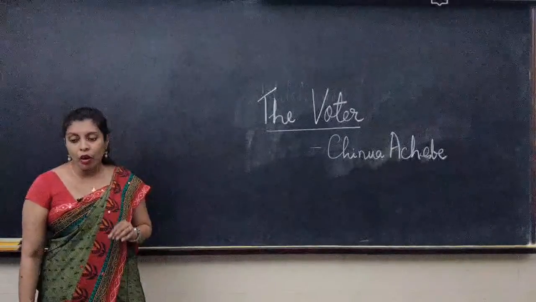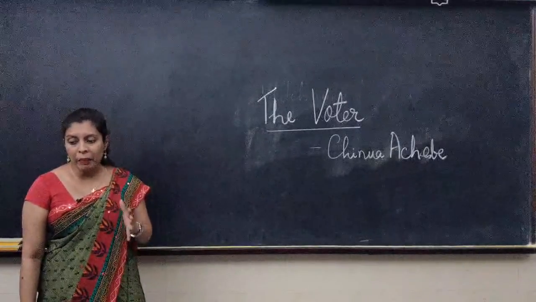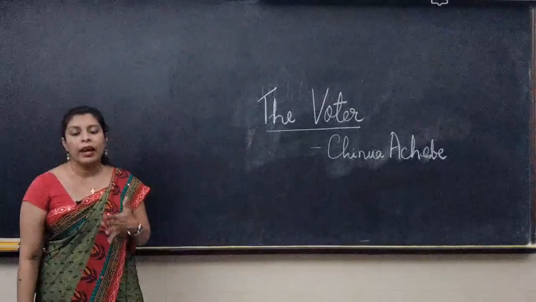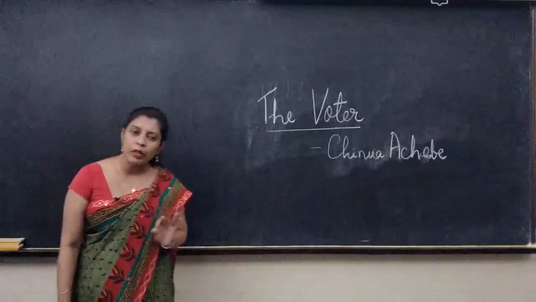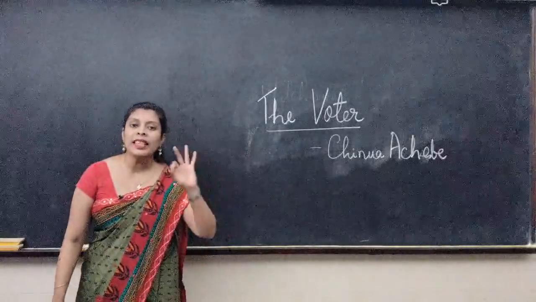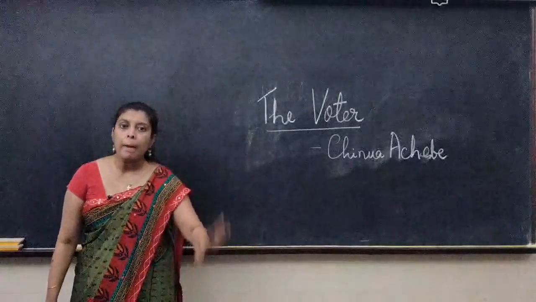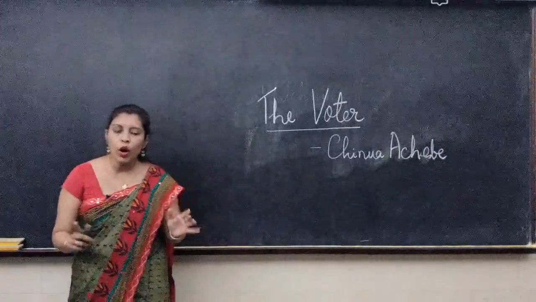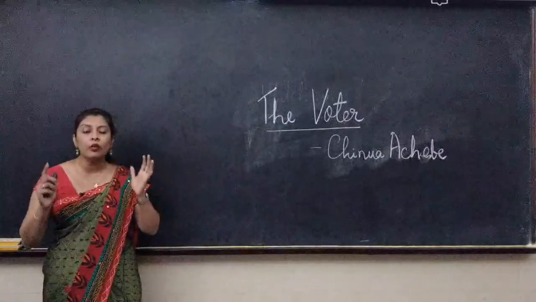The village already belonged en masse to the People's Alliance Party. Underline this. This is very, very important, students. People's Alliance Party, PAP. Now, which was the ruling party in Eumophia?